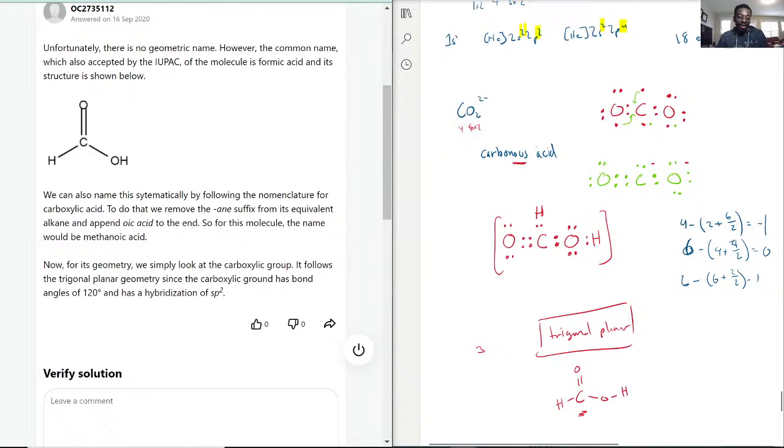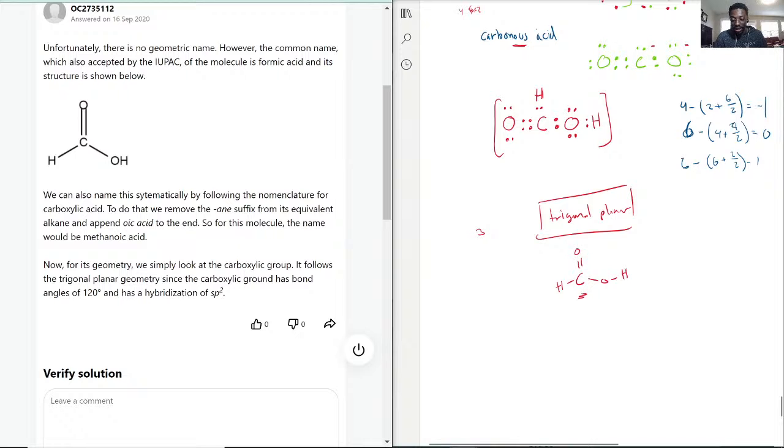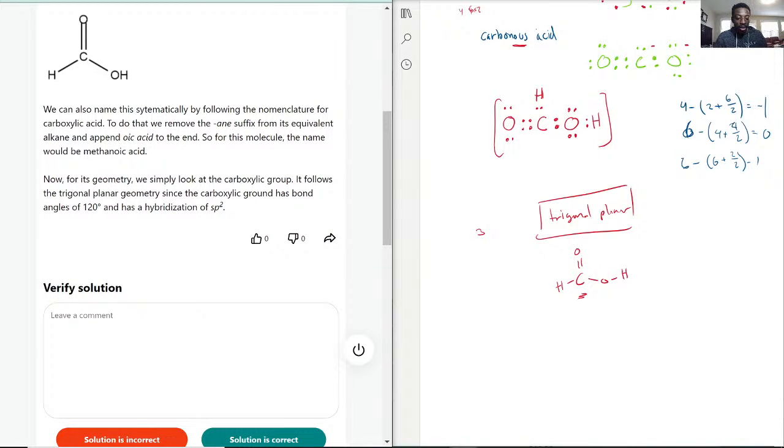The point being, though, is that once I saw it like that, I recognized that it is exactly methane because it has 1 carbon. So methanoic acid is also a viable name, and it is trigonal planar, exactly, because hybridization 3, so it is sp2. And yeah, so at least we got the trigonal planar part right.